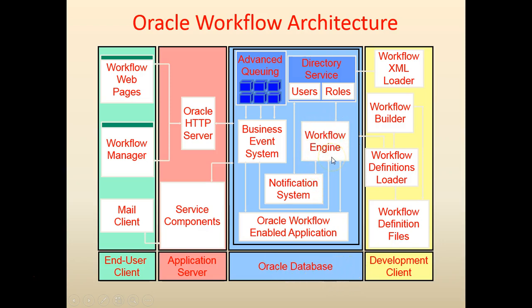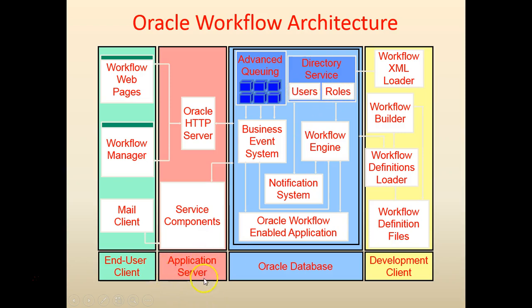The workflow engine is basically like a server that runs. It keeps track of the notifications and a lot of things, including the business events. It manages the workflow. Then it has another set of users, directory services for users and roles.